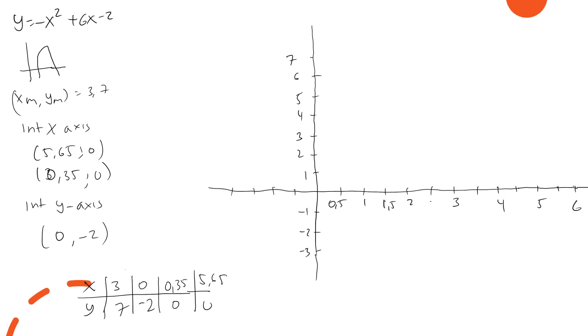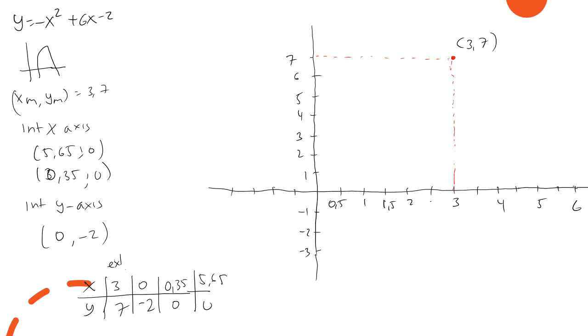Okay. Now, first of all, (3, 7) is the extreme, so this is my highest point. 3 here, and 7, so this is (3, 7).